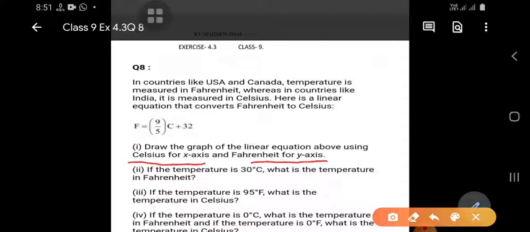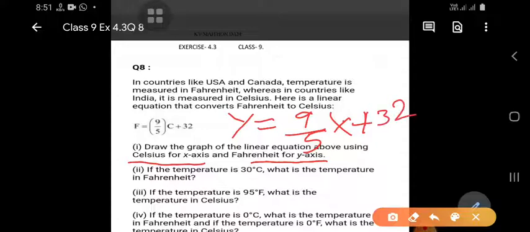So we think F is equal to y, that means our equation will be like this: y is equal to 9 by 5 x plus 32. But we should not write y is equal to 9 by 5x plus 32. You have to write F is equal to 9 by 5 C plus 32, because it is given. I have just connected this because this type of equation you have already solved.